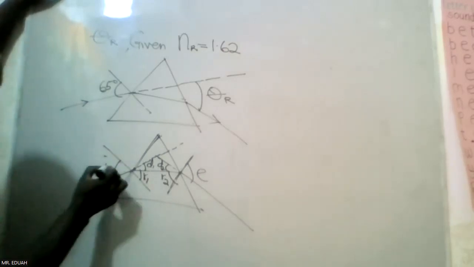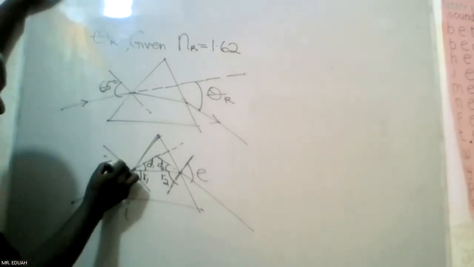This is the angle of emergence, for one light. Now, if you recall, we equated the angle of this. Sir, I thought for the red light, the ray goes a bit up.